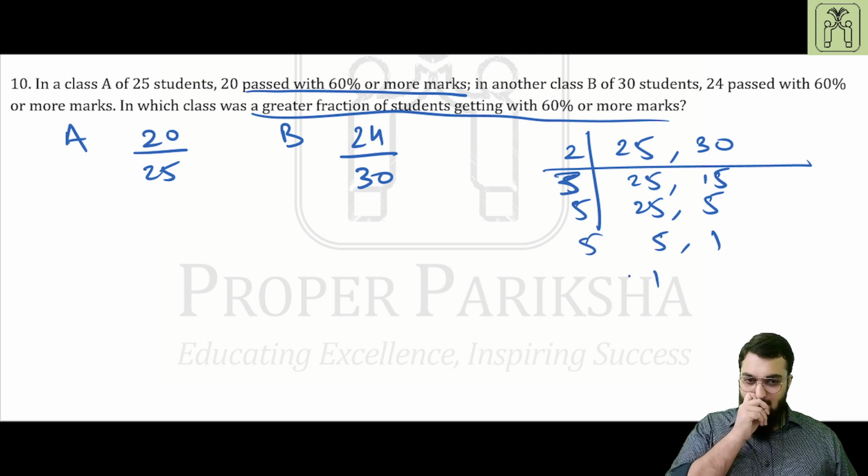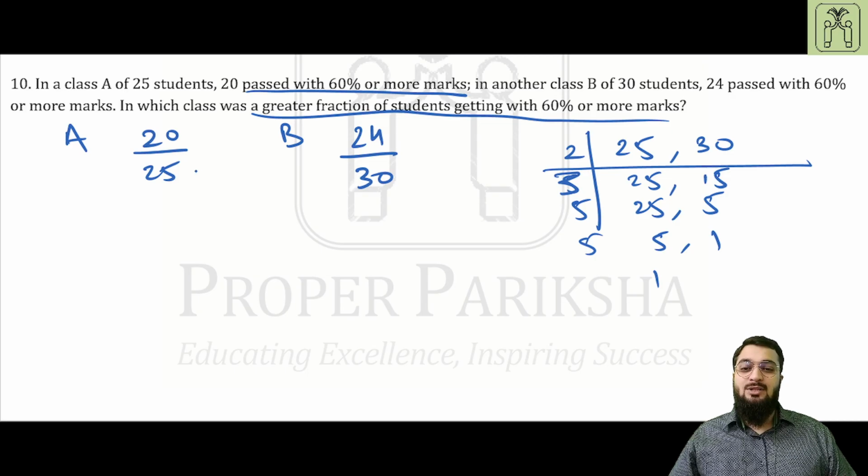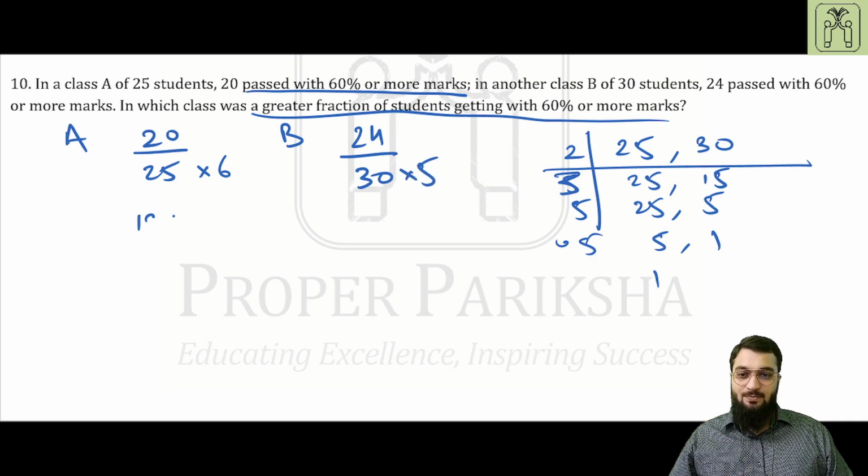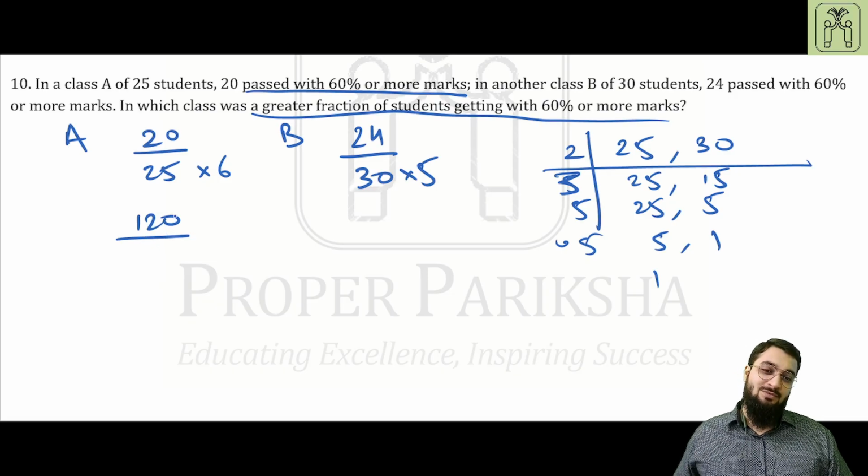So the multiple is 2 into 3 into 5 into 5. So for 25 you need to multiply it with 3 into 2, that is 6, and for 30, 5 into 3 is 15, into 2 is 30, we need to multiply it by 5. So 20 will become 120 upon 5 5s are 25, and 25 2s are 50, 5 3s are 150.